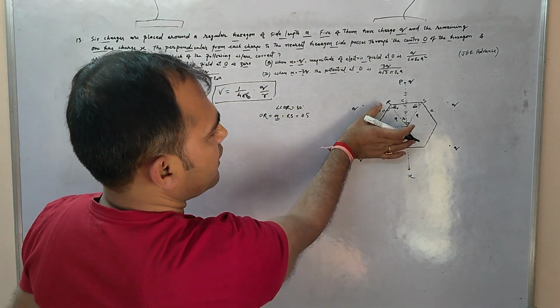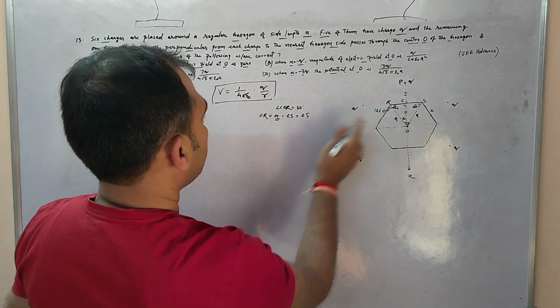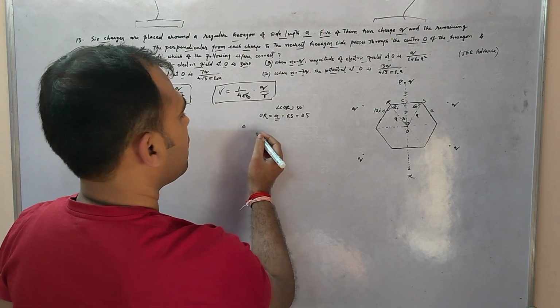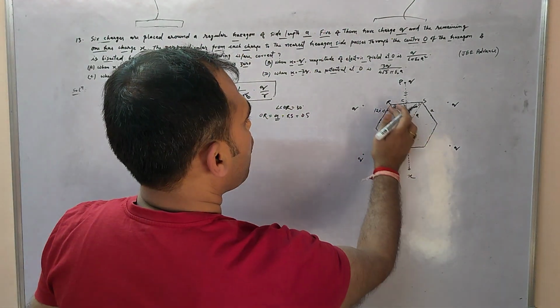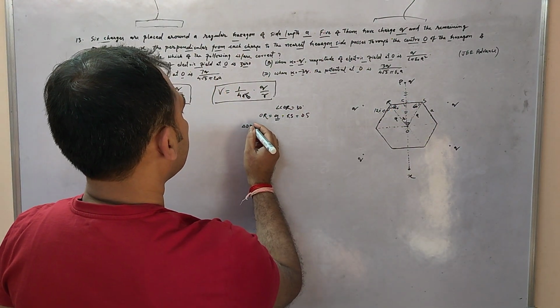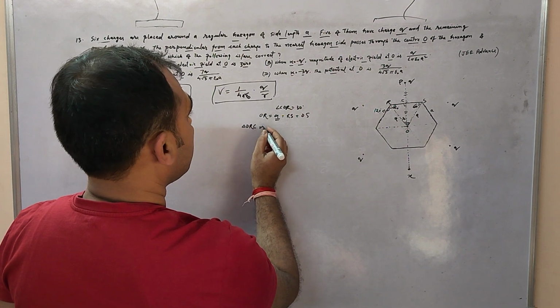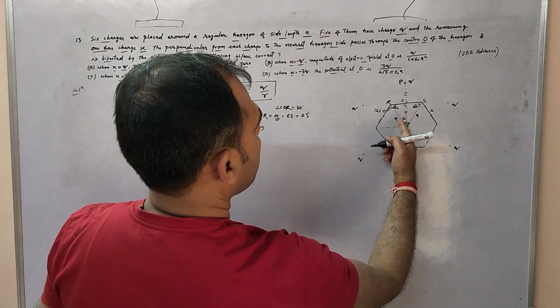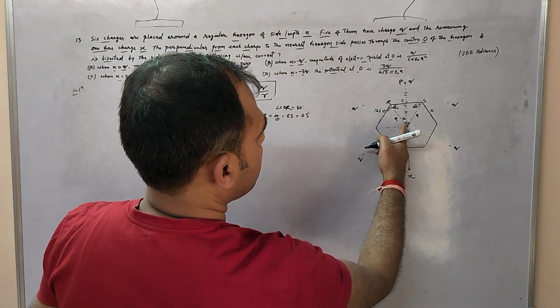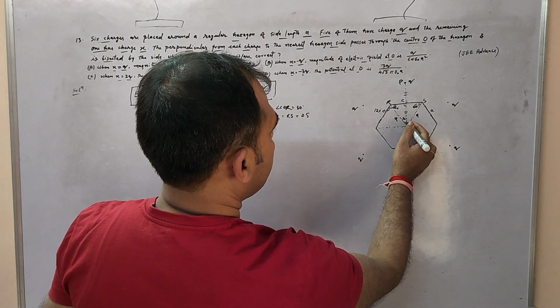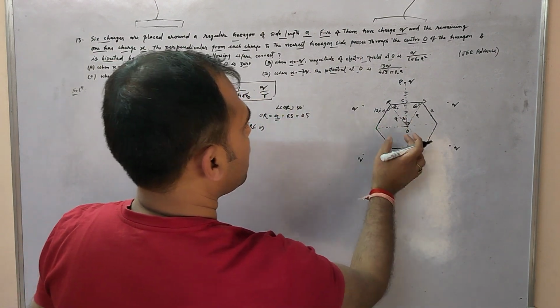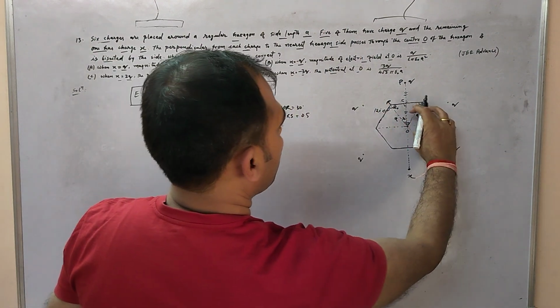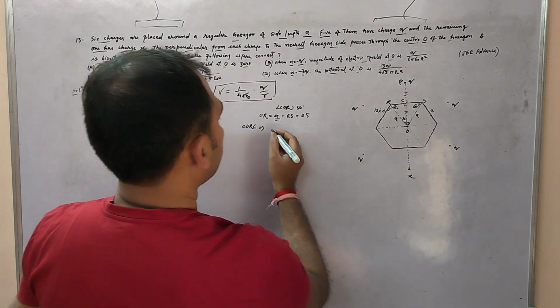Now see, in triangle ORC, if this is A and this angle COR is 30 degrees, what will be the value of CO?